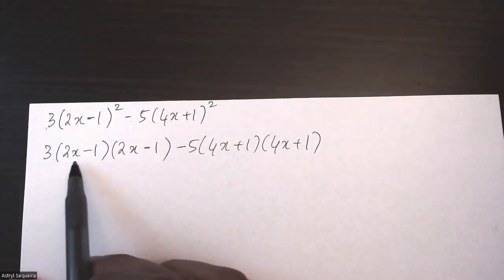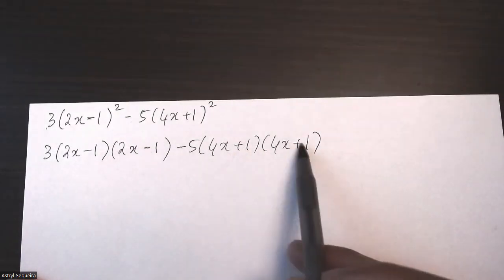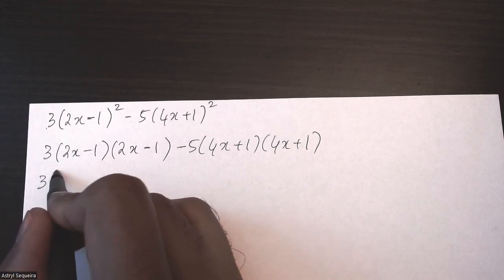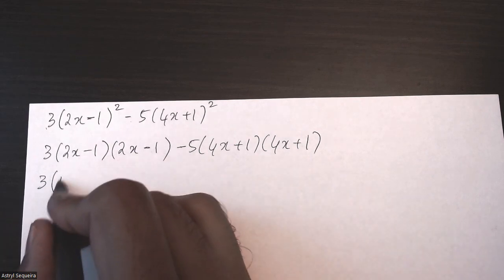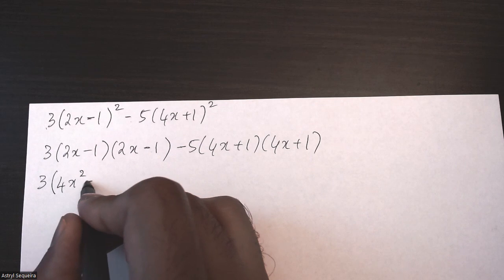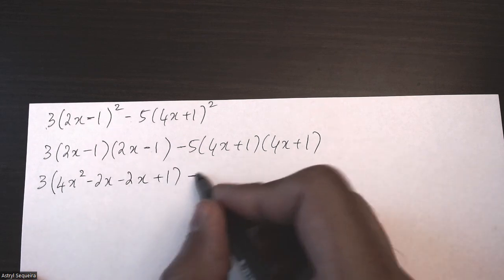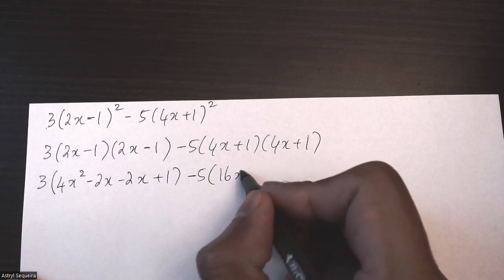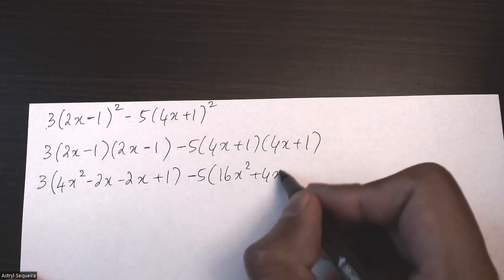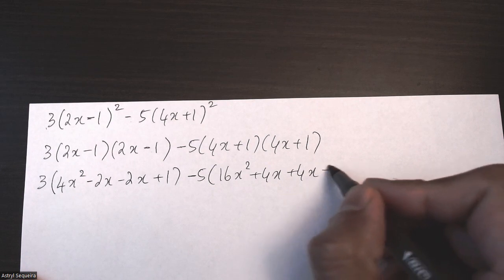Multiplication is next, so we're just foiling out the 2 brackets over here. Write this the same and keep a bracket. So this is going to be 4x squared minus 2x minus 2x plus 1 minus 5, 16x squared plus 4x plus 4x plus 1.